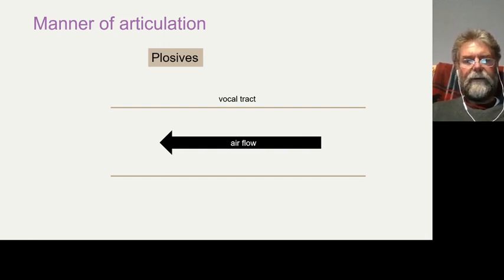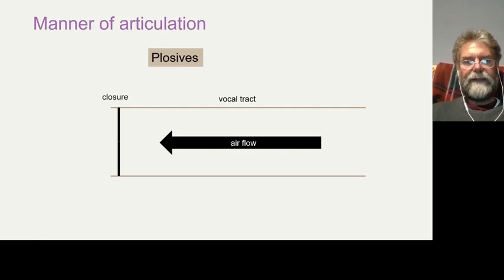Okay, now what we have here is a diagram representing the vocal tract, the airway from your lungs out into the open world, let's just take it to mean through your mouth at the moment. So air flows out of your lungs, out through your mouth, past your lips and into the world. Now, what you can do is at some point create a closure.